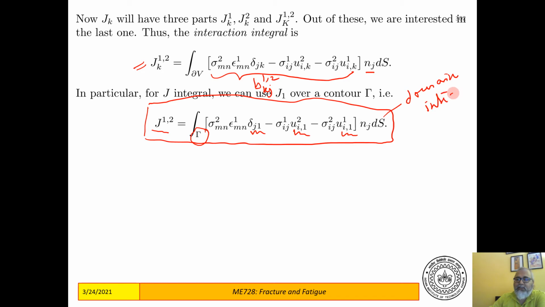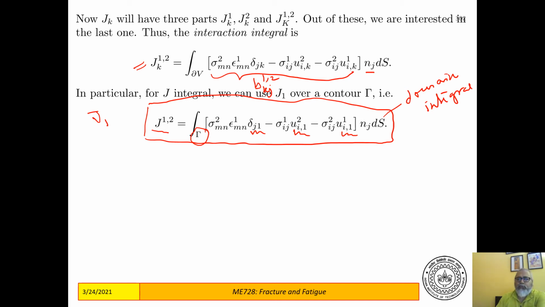The expression is different from the expression for J1 that we used in the previous video, but the procedure is exactly the same. You multiply this by a function q, take the contours and apply the divergence theorem to convert this into an area integral, and that area integral is easily evaluated, in exactly the same way as the area integral in the previous slide.